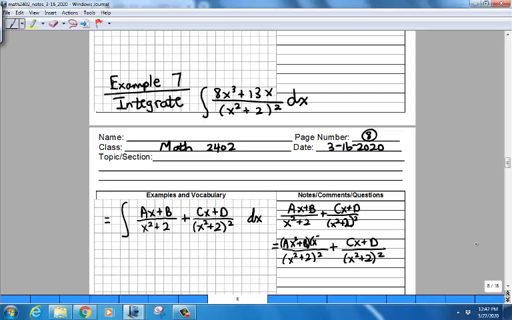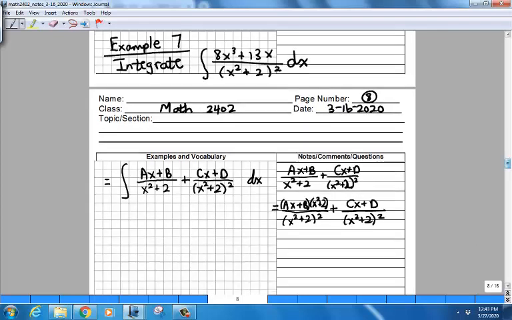So in the top I'm going to get ax plus b times x squared plus 2 over x squared plus 2 squared, and the second fraction stays the same, because it's already got the correct denominator.